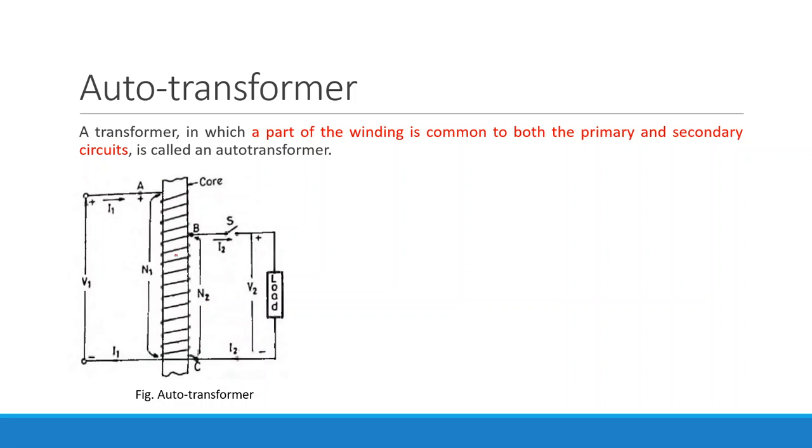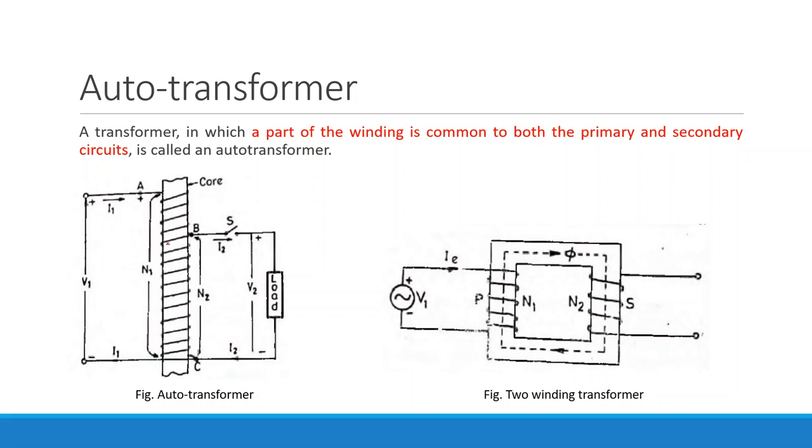So this only one winding is going to act as a primary as well as secondary winding. You could recall the two winding transformer where there were two different windings. Okay, so one was connected with the supply and the another one was connected with the load.